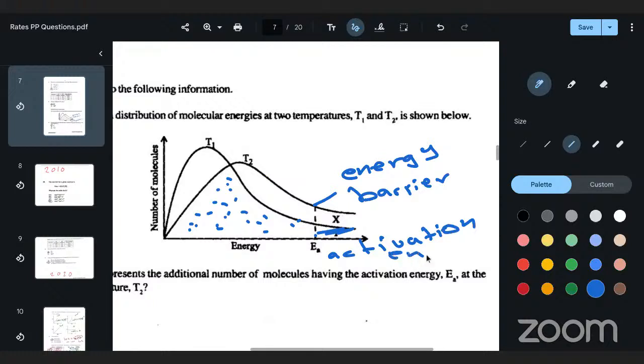Yes, sir. Thank you. So that is what this graph shows. All of these molecules out here will be colliding. They can collide in the correct orientation, but it will not lead to a reaction because they do not have the activation energy. So it's the minimum amount of energy needed for a reaction to occur.